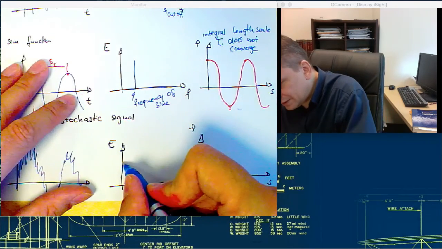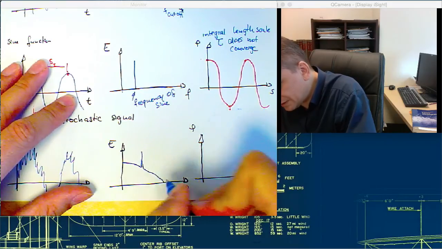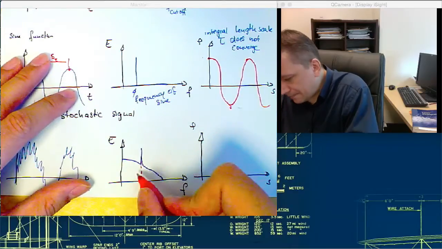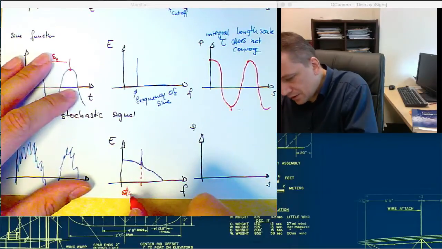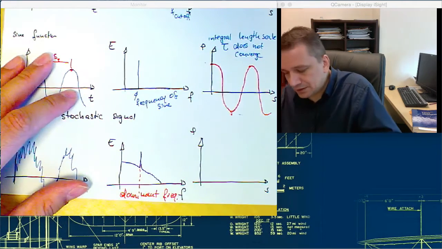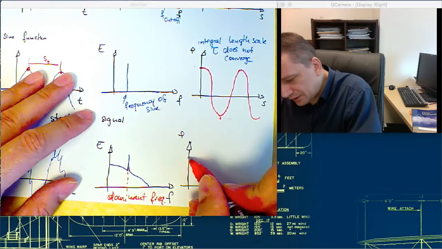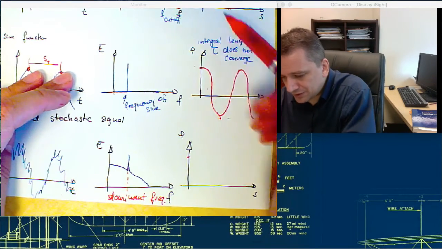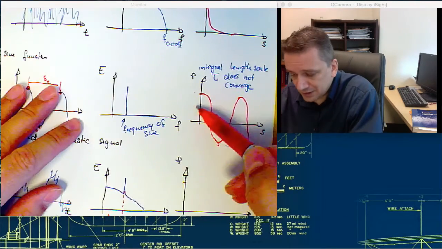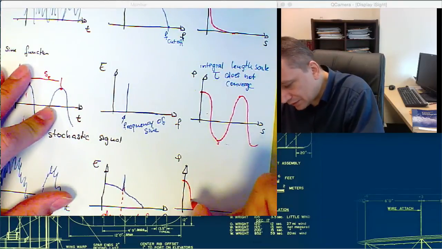So the frequency spectrum maybe looks like this, with one dominant frequency. And the autocorrelation is going to be somewhere in between this one, which is just noise or a stochastic signal, and this one, which is the pure sine signal. So it's going to look something like this.